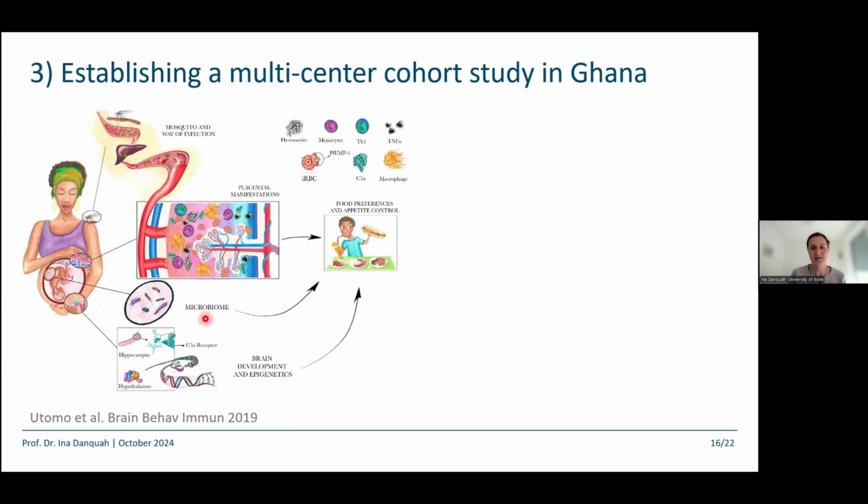Secondly, changes in the gut microbiome of the baby could play a role here in the programming of appetite and food preferences, as well as the direct contributions and effects that cytokines and other inflammatory markers specific to malaria infection can play here.